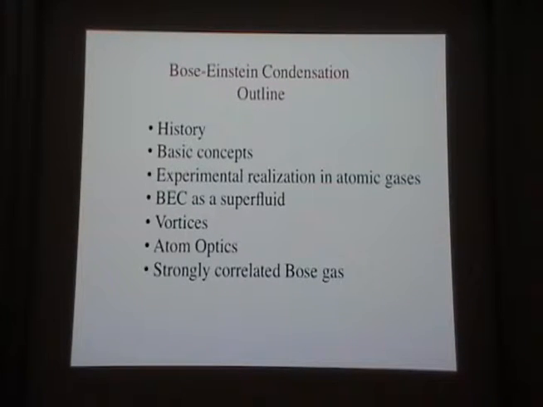And of course, if you're talking about superfluids, you have to talk about vortices. And then I'll talk about two applications of Bose-Einstein condensation. One has to do with using the wave nature of the atoms in something called atom optics. And then the other one, we'll talk about a new regime of Bose-Einstein condensation, the strongly correlated Bose gas.